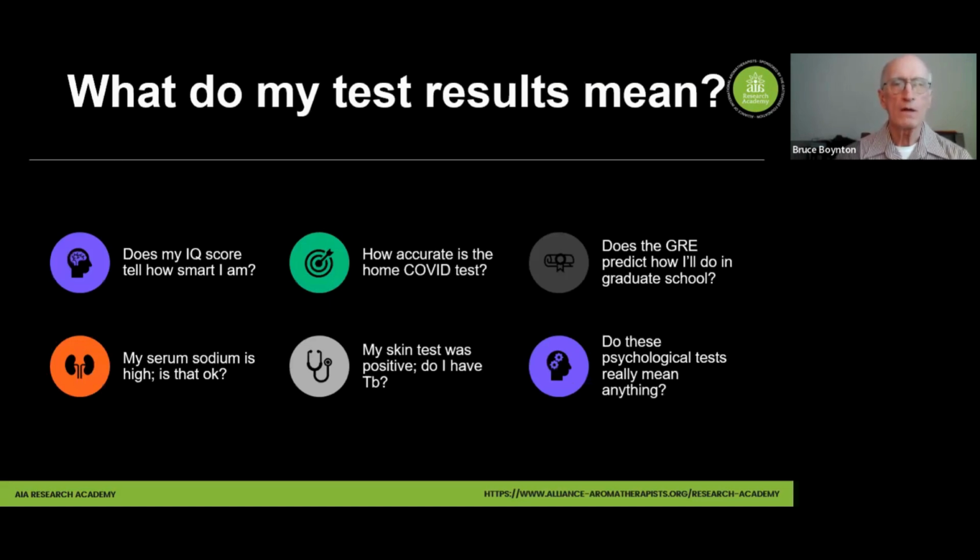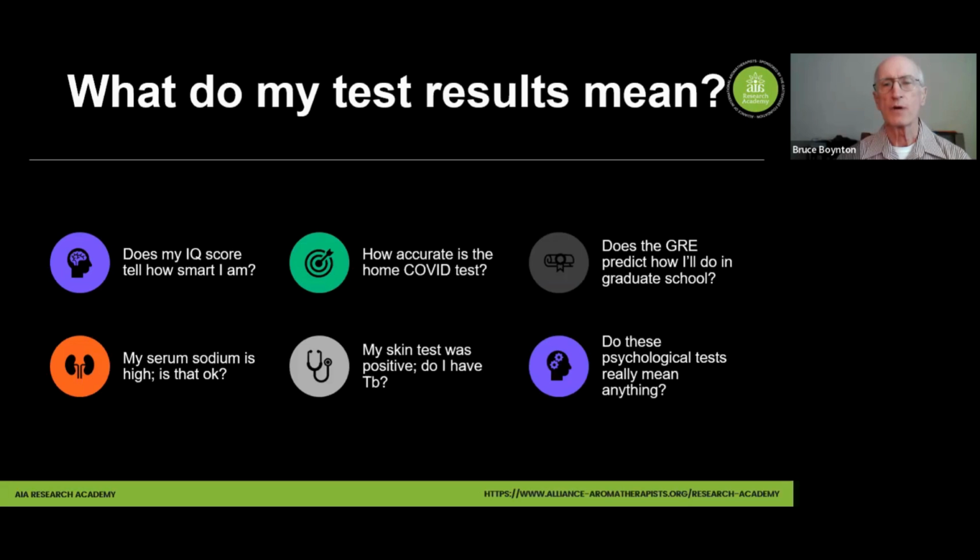But what do these tests really mean, and how good are they? For instance, does my IQ score tell how smart I am? No. How accurate is the home COVID test? Well, maybe they're getting better, but they used to say, if you got a negative, just do it again.